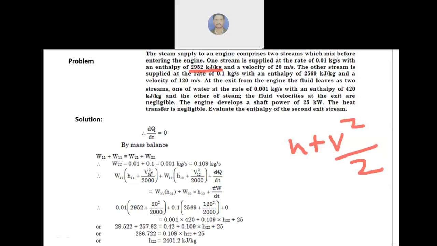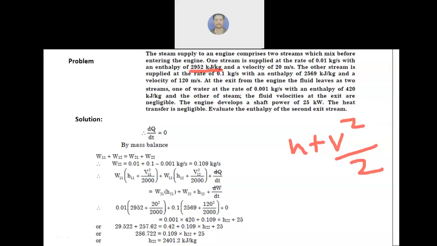Now for this side, why V square by 2000? Why 1000? Because here the unit is kilojoule, 1000 times. So to make the velocity component also kilo, divided by 1000.